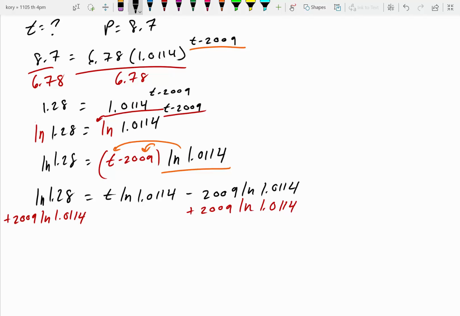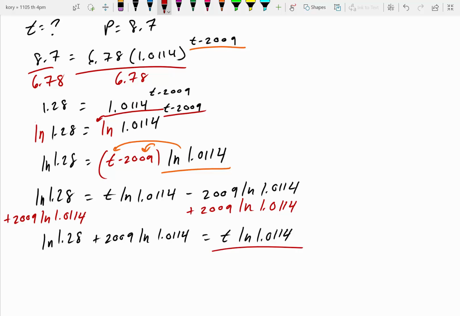So we have ln 1.28 plus 2009 ln 1.0114 equals t times ln 1.0114. Now we can divide. Because that t is multiplying the logarithm, we can divide it out.